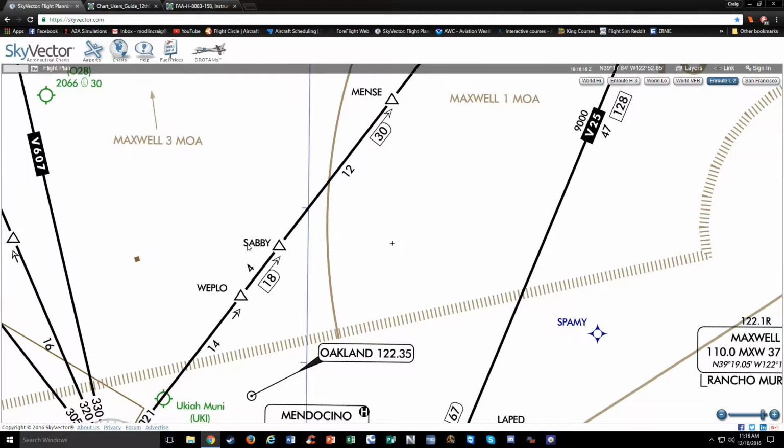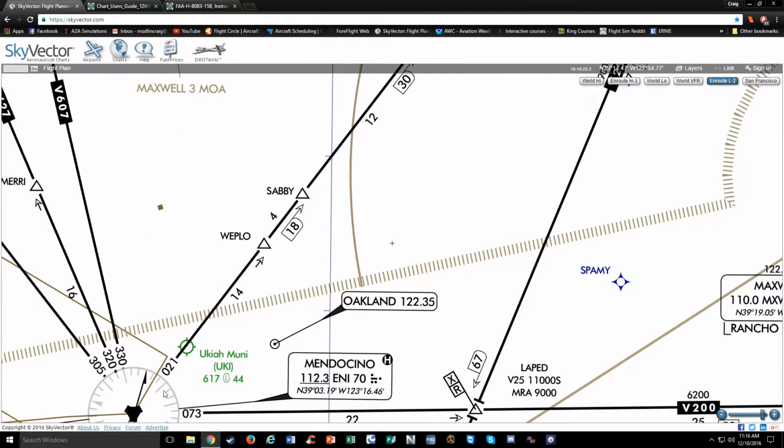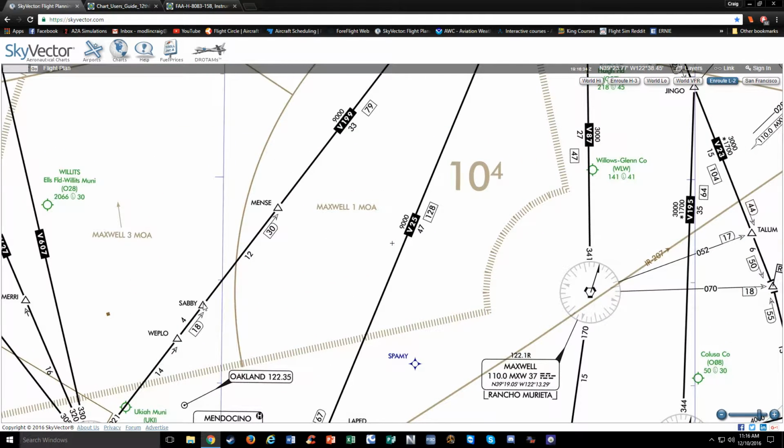And now here, Weplow to Sabby is 4 miles, but from the VORTAC it's 18. So this little symbol here means DME from the VORTAC. So far you've gone 18 miles. This little leg is 4 miles. So now from this waypoint to this waypoint it's 12 miles, but from the VORTAC it's 30.